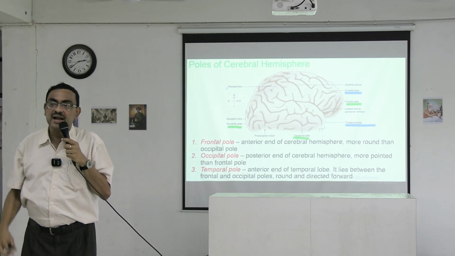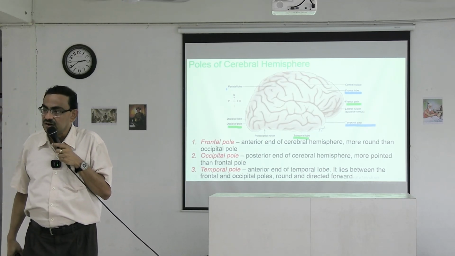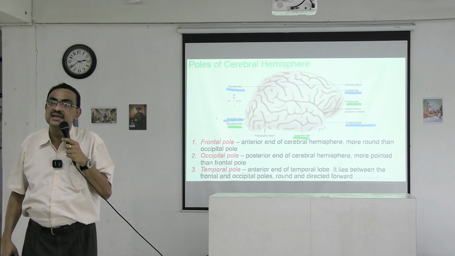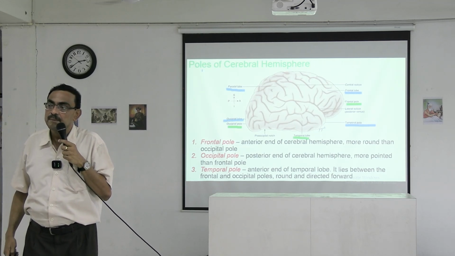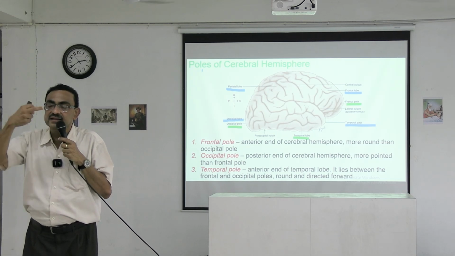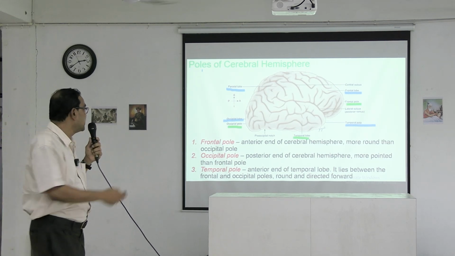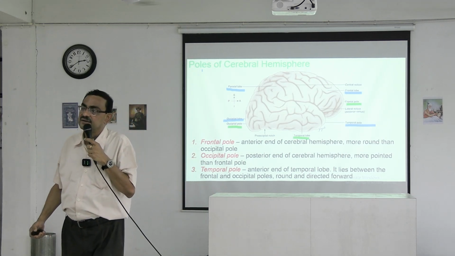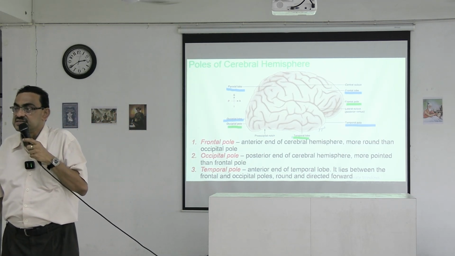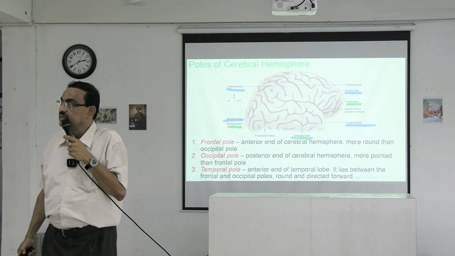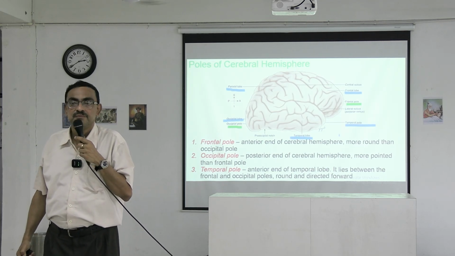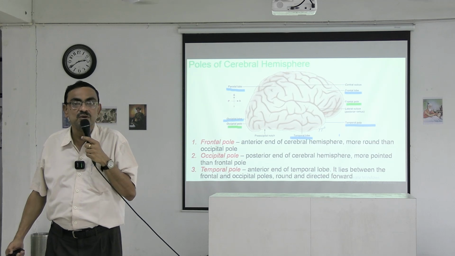Just below the parietal bone we get the parietal lobe. Below the occipital bone we get the occipital lobe, and inside the temporal bone we get the temporal lobe. So they are named as per their relation with the cranial bones: frontal bone, parietal bone, occipital bone, temporal bone.